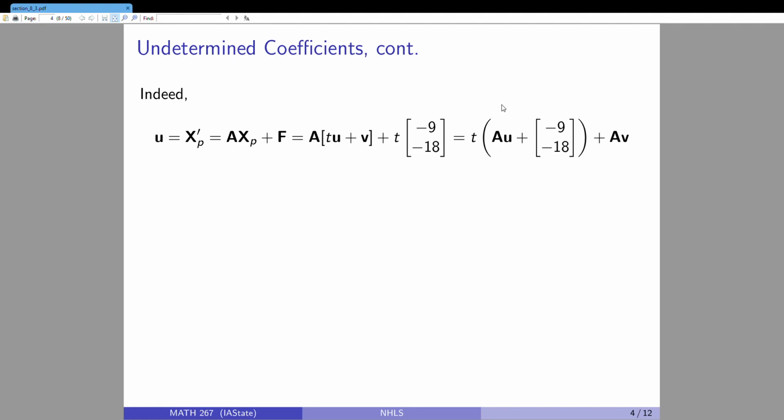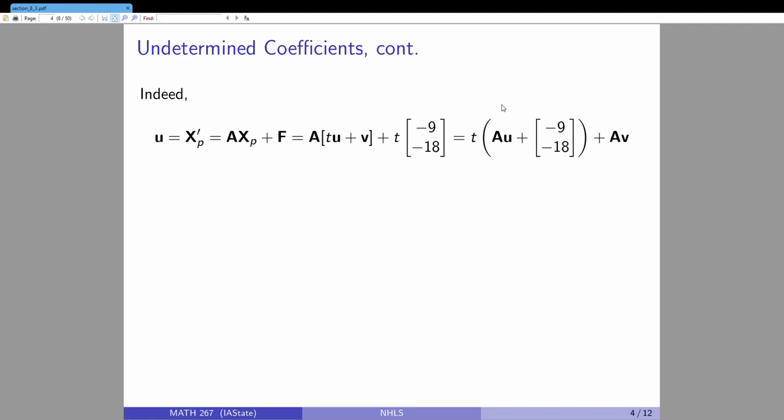When taking the derivative, we have tu plus v, and the derivative is with respect to t. The derivative of v with respect to t, v being a constant vector, would be 0, since there's no dependency on t.